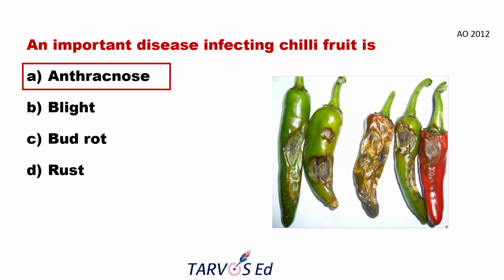In banana also it is most severe, and in chili it is the most important disease, and it not only affects the chili fruit. In the field itself it will show symptoms: on the plant it shows dieback and leaf spot. Then in fruits it shows sunken spots. The infected chili fruit will lose pungency and flavor.